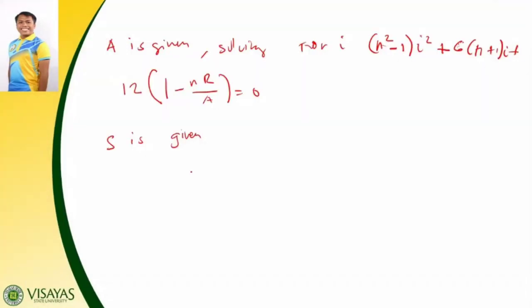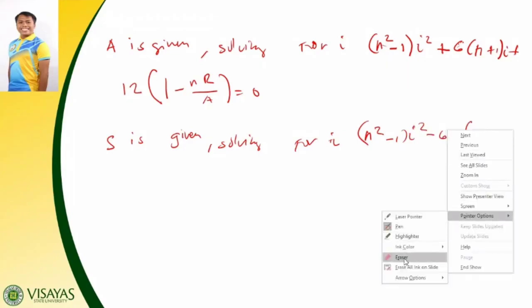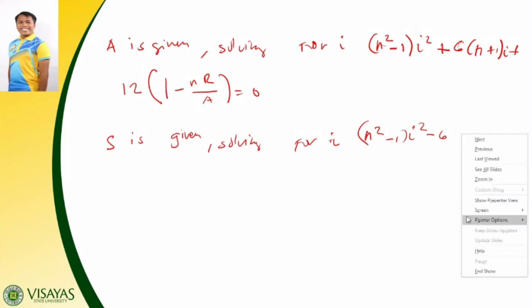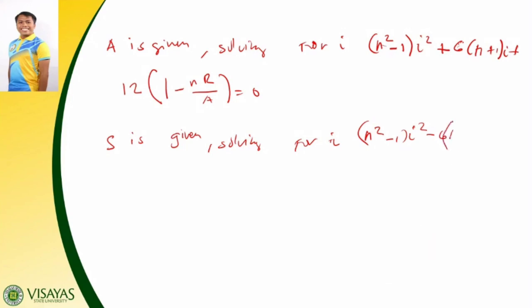But if S is given, then solving for I in the equation, n squared minus 1, I squared minus 6n minus 1, I plus 12, 1 minus nr over S equals 0. It's the same form, they only differ slightly. Okay?